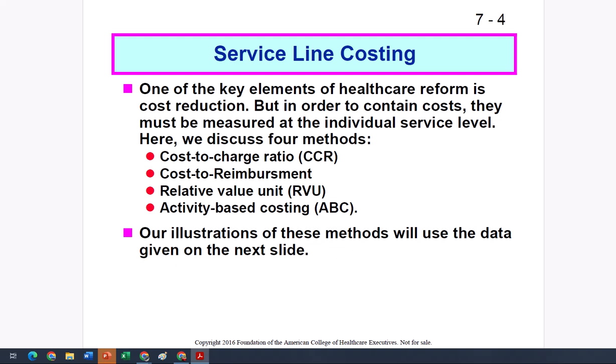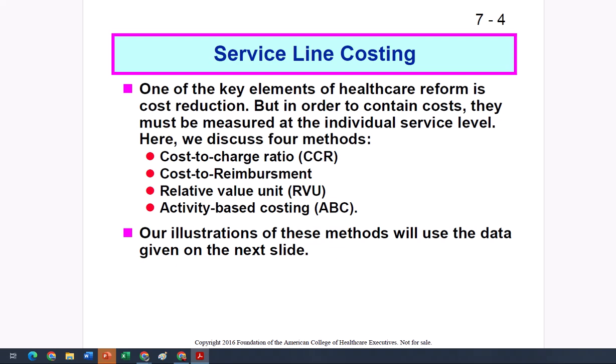I teach the first class in the executive program, and I have a whole section on the history of healthcare reform, and it's really geared toward lowering costs. So we have an additional focus on that.